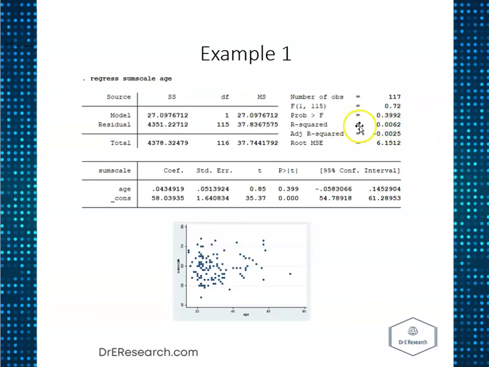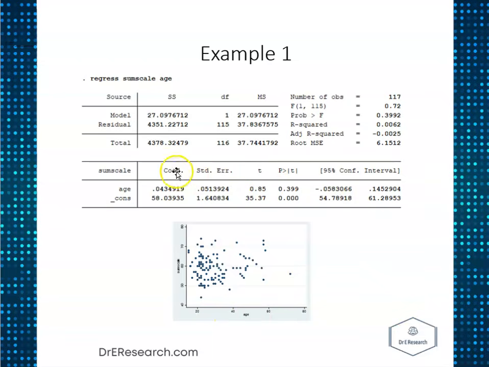I'm just going to skip down because some of these things are more applicable to multiple linear regression. This R squared is that R, squared, 0.006. So you can see that's very, very small. It's less than 1%. So less than 1% of the variability in this scale score can be explained by a person's age. Not very much.